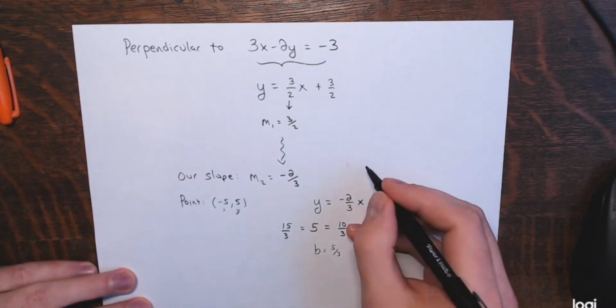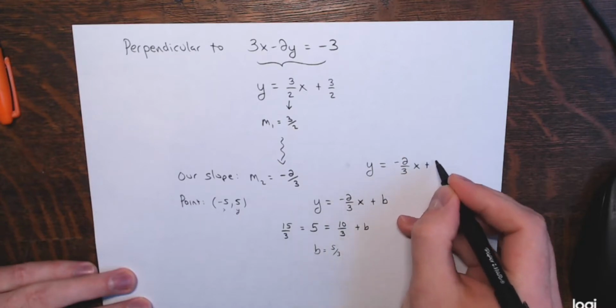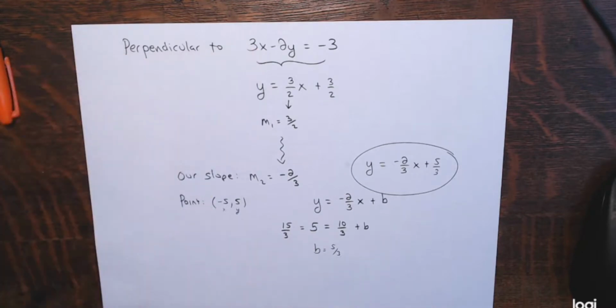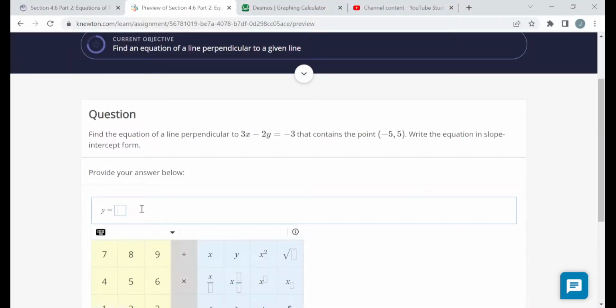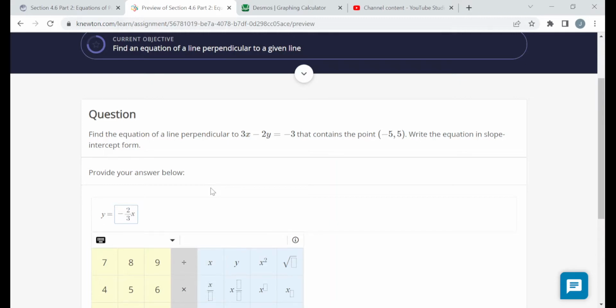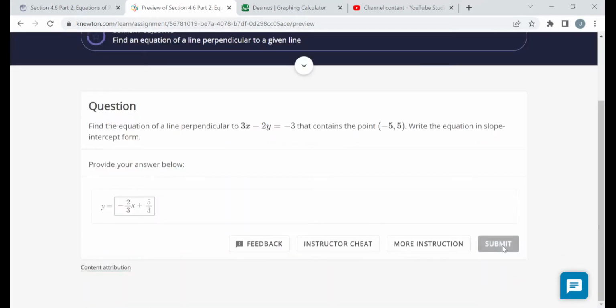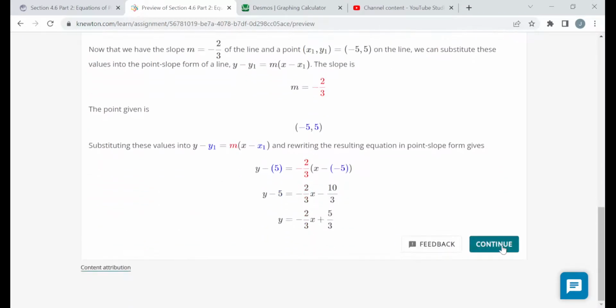So the equation of our line is y equals -2/3 x plus 5/3. There's the line that's perpendicular to the line they gave us and would contain the point (-5, 5). Great. And I'll enter this here, -2/3 times x plus 5/3. Great. And again, please don't forget to read the answer explanations.